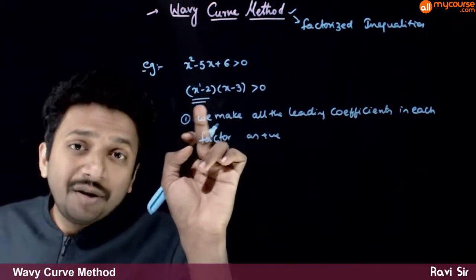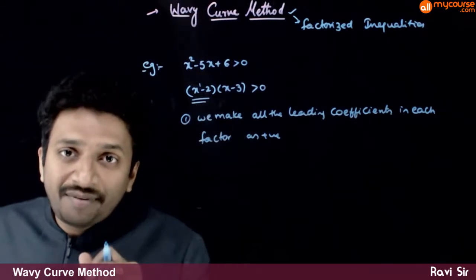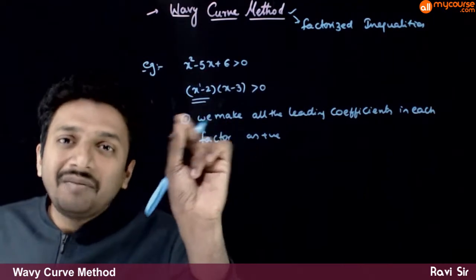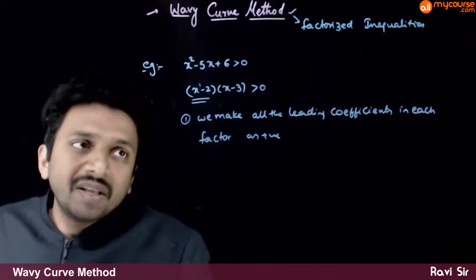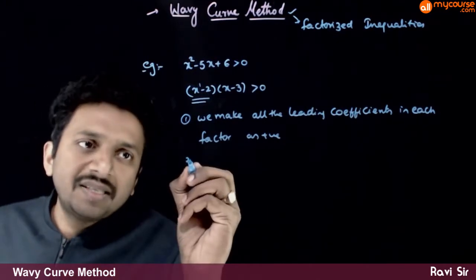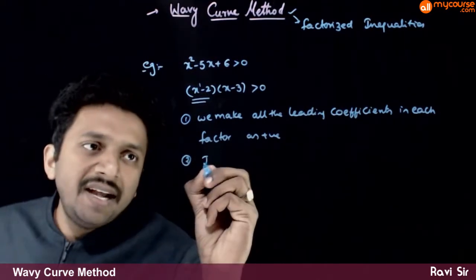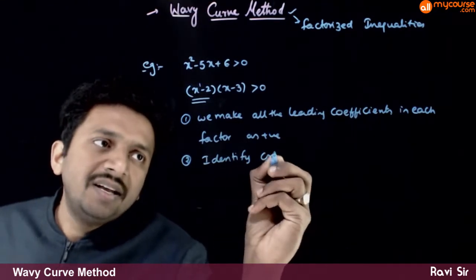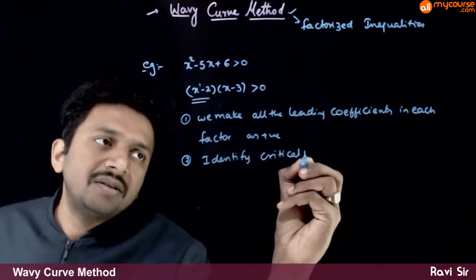If the leading coefficients are not positive in some of the factors, we first make them positive by multiplying with a negative sign if it is required. So we make all the leading coefficients of each factor positive. The second step is we identify critical points.